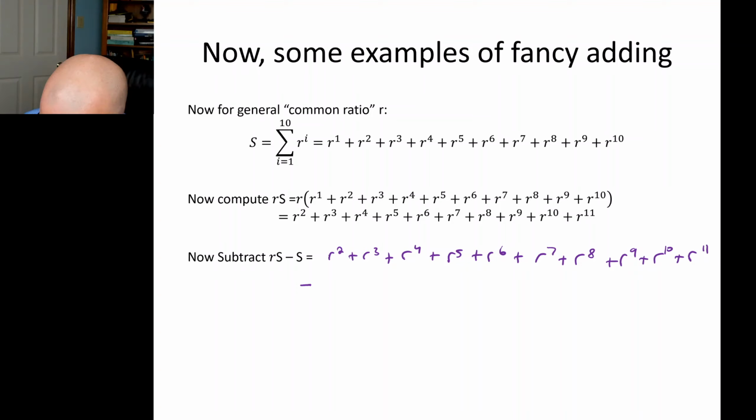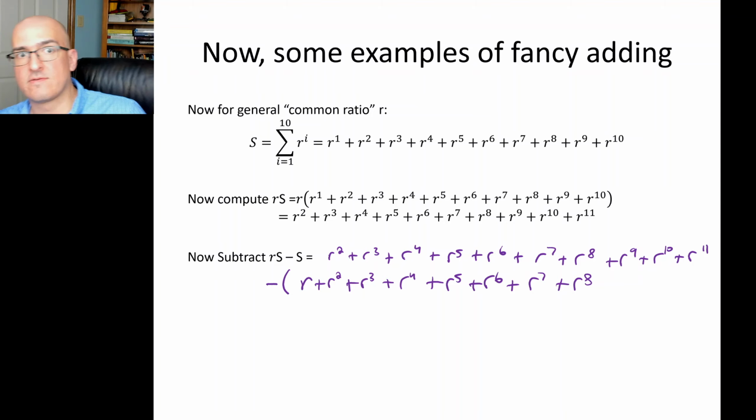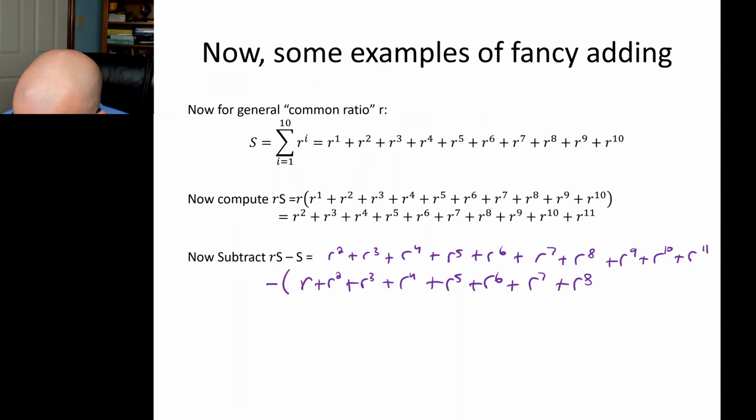And we're subtracting the original s, r to the 1 plus r to the 2, r to the 3, r to the 4, r to the 5, r to the 6, r to the 7, r to the 8, plus r to the 9, plus r to the 10.